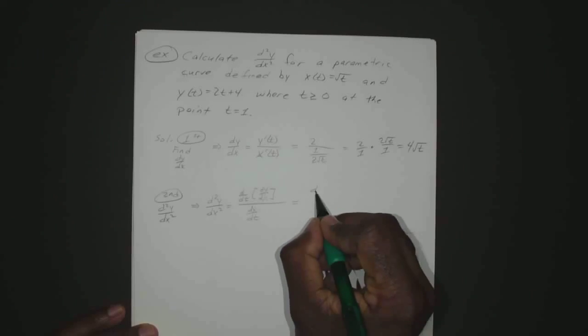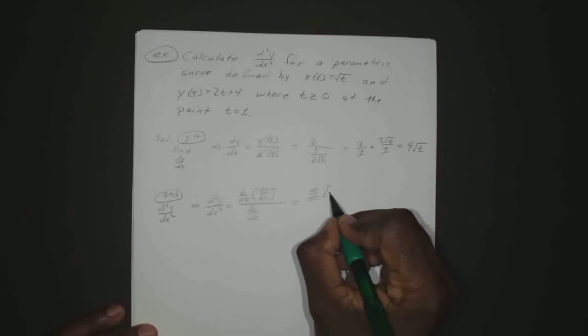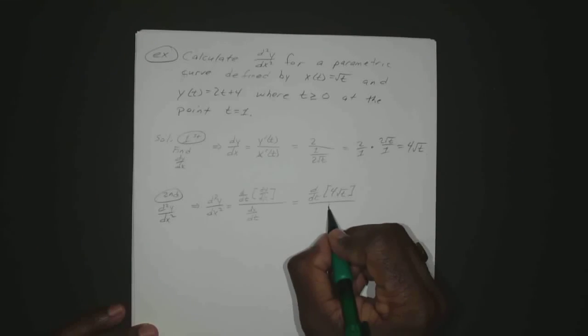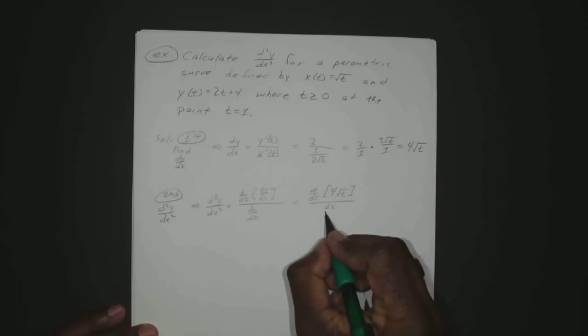So that would be the derivative with respect to t of 4 square root of t, divided by dx/dt.